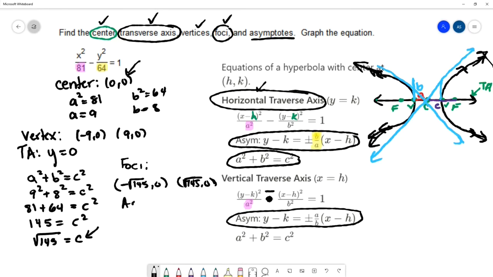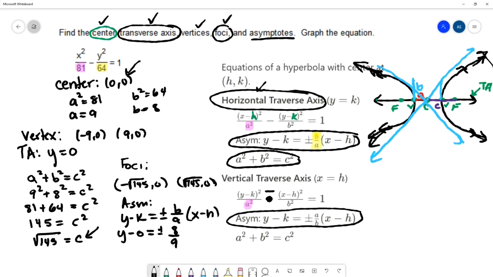So our asymptote is going to be y minus k equals plus and minus b over a times x minus h. That's y minus 0. Remember, our center is at (0, 0). b is 8. a is 9.